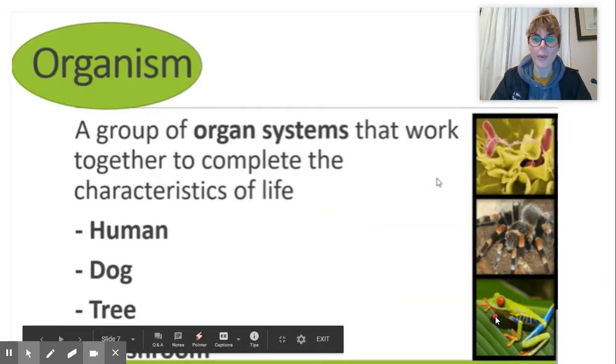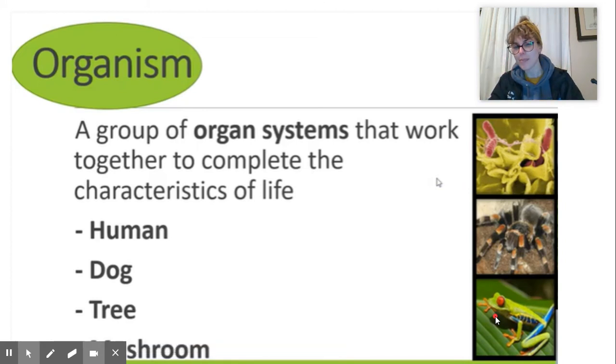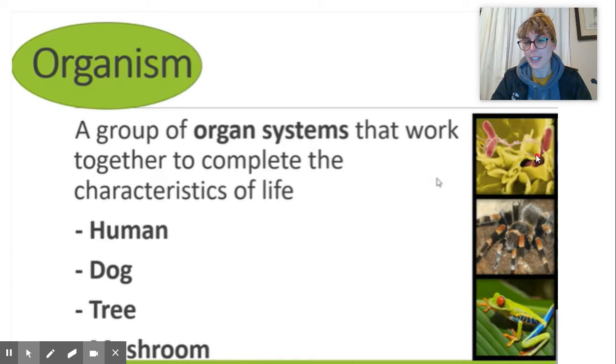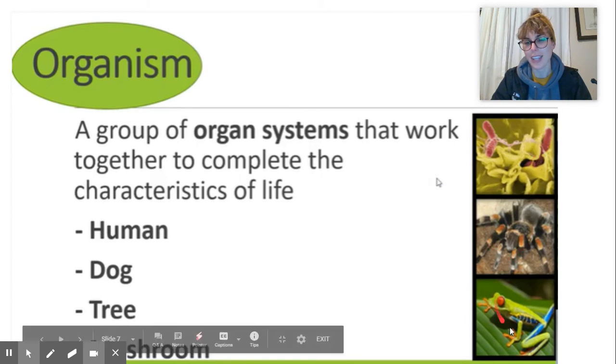So when we take all of these different organ systems and we have them working together, we're able to complete the characteristics of a living thing. So we have an orchid flower here, a tarantula, and I'm forgetting the name of this frog.